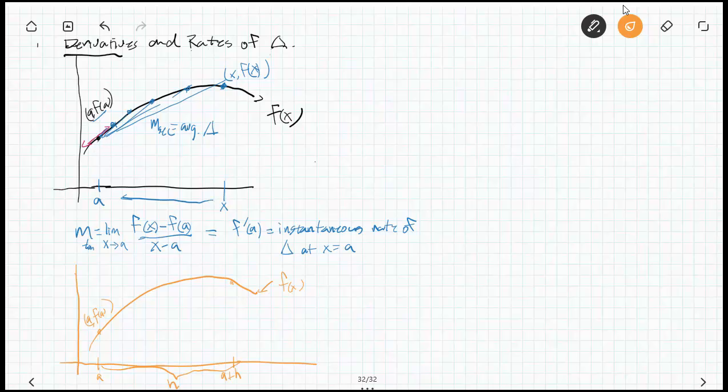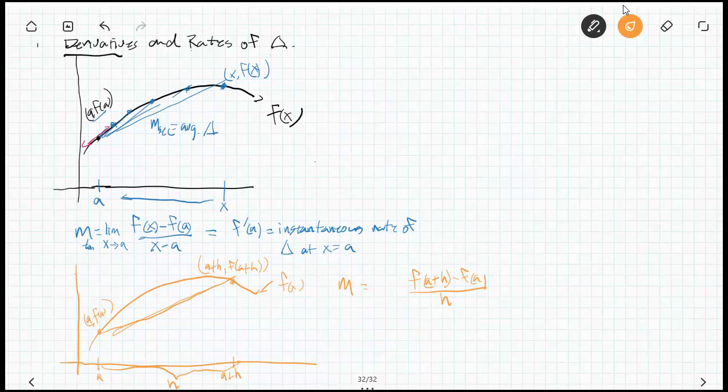So now I have the point a plus h, comma, f of a plus h, right? You with me? And again, we're just going to start with the slope of the secant line. So the slope is going to equal f of a plus h minus f of a, all over, well, what would that be? That would be a plus h minus a, which is just h, isn't it?